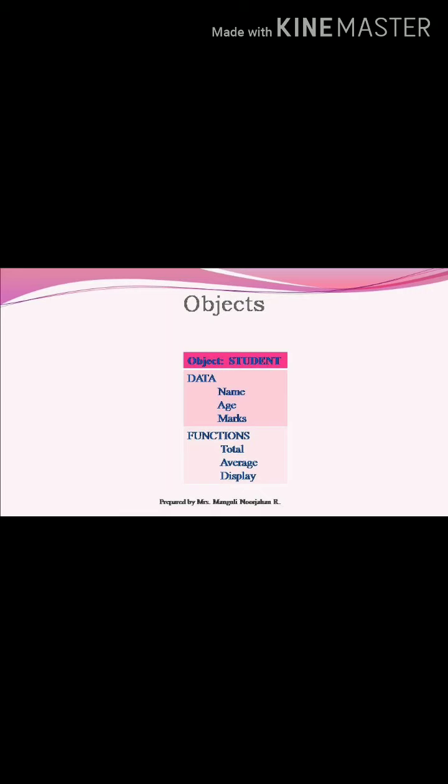Let's see an example of how you are going to create an object. For example, the object is a student. Data members are the name, age, and marks. The functions which operate on the object are total, average, and display. When a program is executed, the objects interact by sending messages to one another.